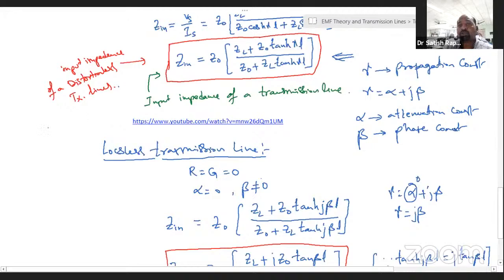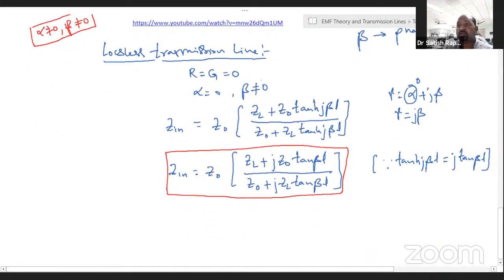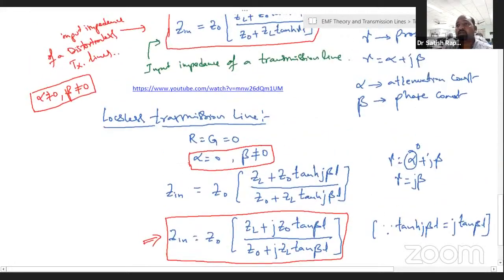Because in a distortionless transmission line, we know alpha is not equal to 0 and beta is not equal to 0, whereas in a lossless transmission line, alpha is equal to 0 and beta is not equal to 0. Substituting these conditions, you will get this expression as the input impedance. I hope it is clear to you.